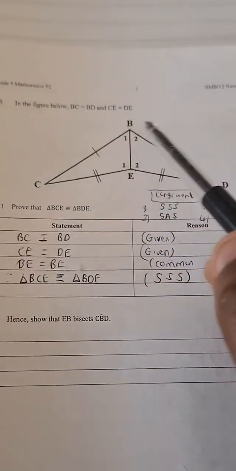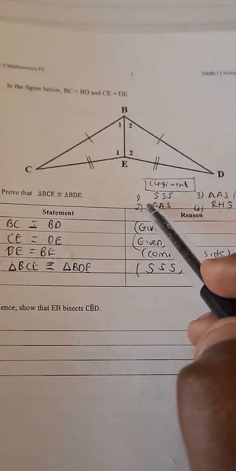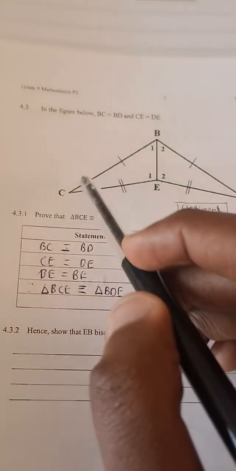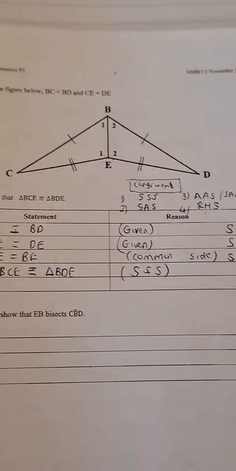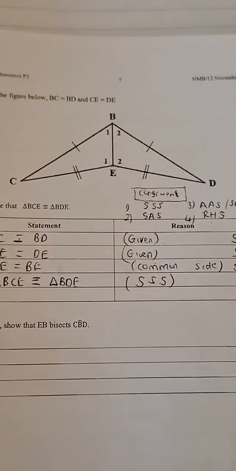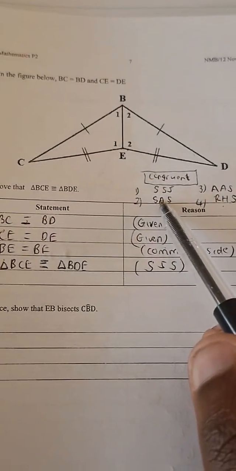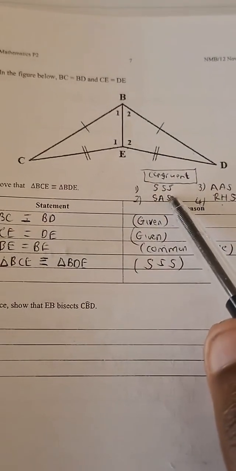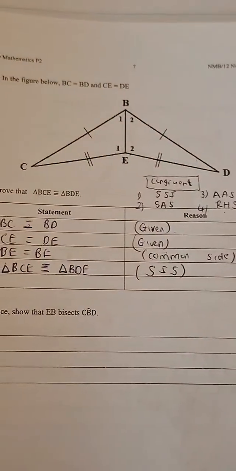Because even though I've been given a side and another side, which qualifies 2 sides that are given, I am not sure about angle C and angle D and their specific numerical angle. So I cannot conclude about something I don't know about. That's why I did not use case 2 in proving the congruency of these 2 triangles.